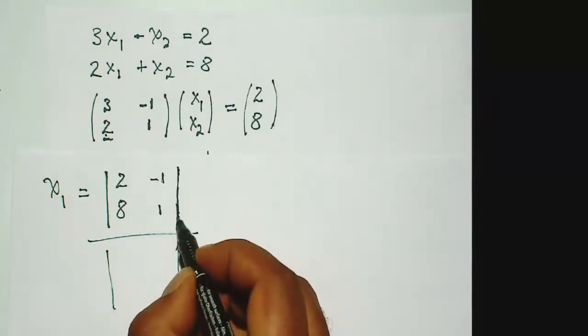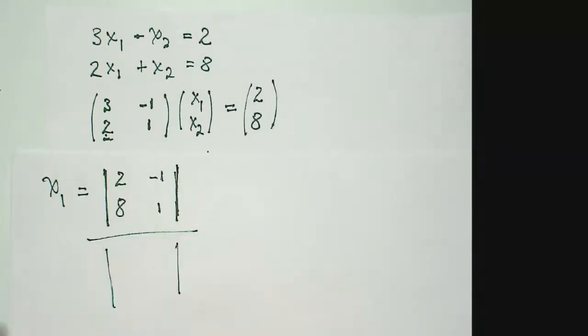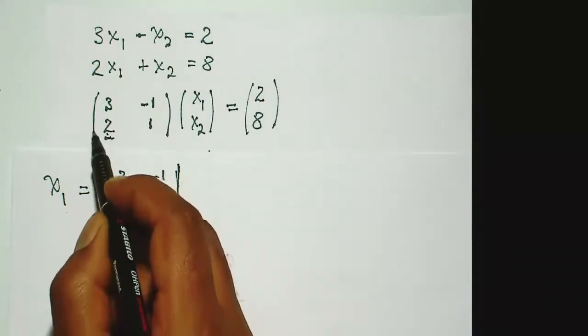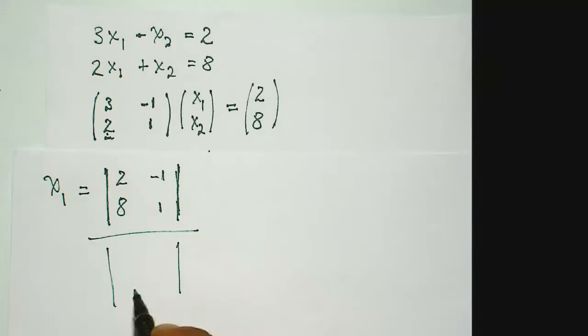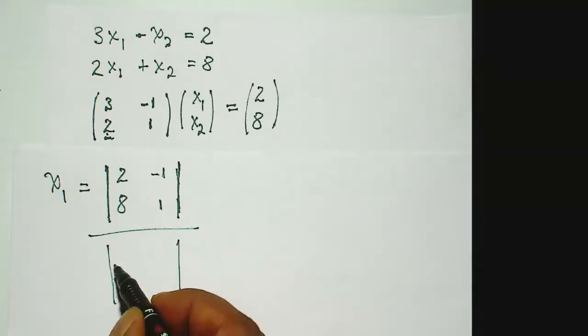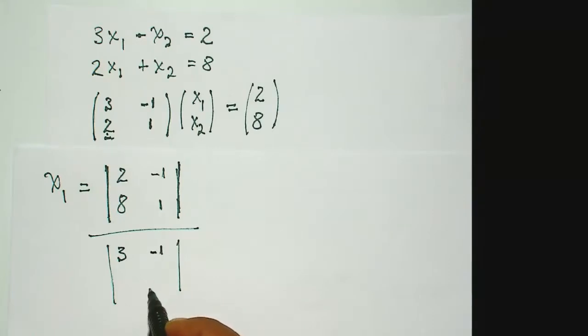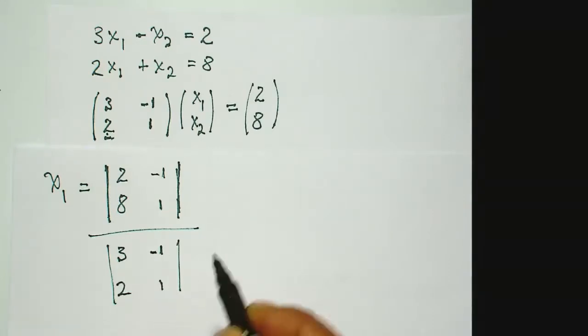And again, please take care that a determinant is indicated with straight lines while a matrix is indicated by curved brackets. So the denominator remains the same, so we would have 3, minus 1, 2 and 1.